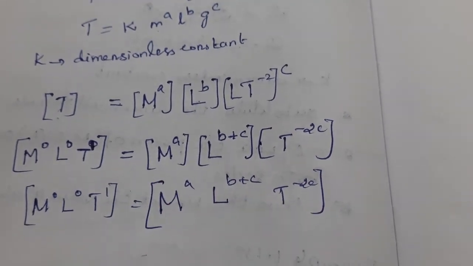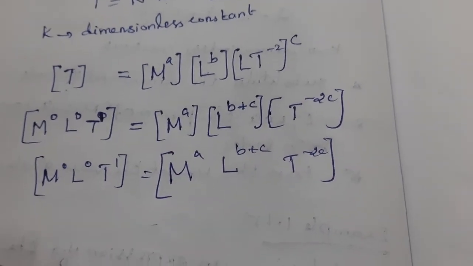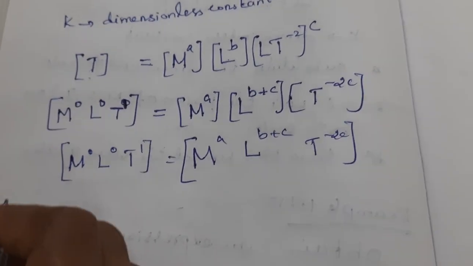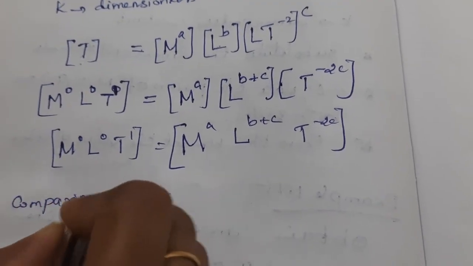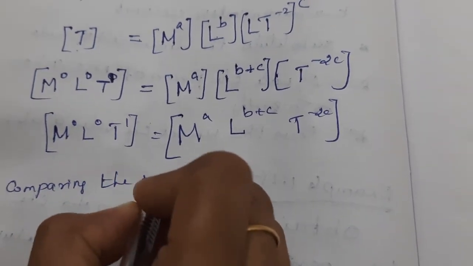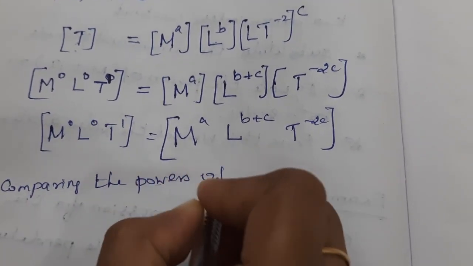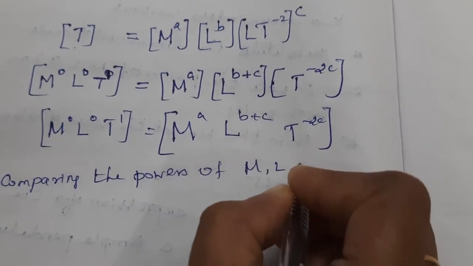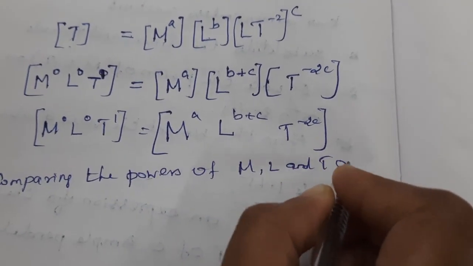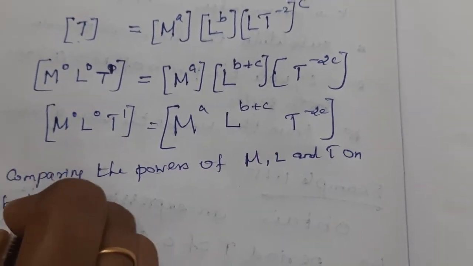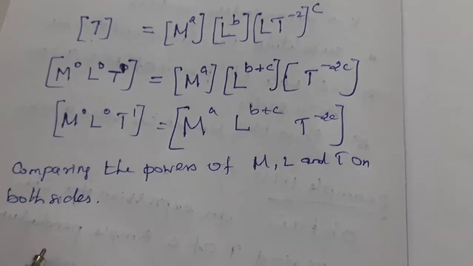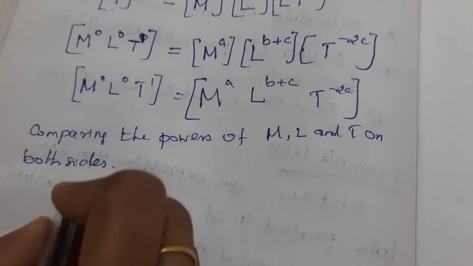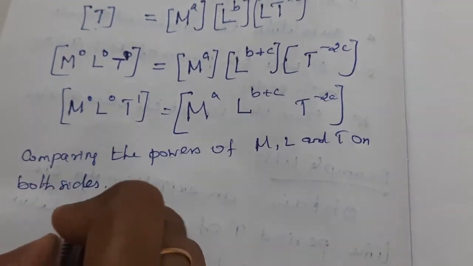What is the next step? Comparing the powers of M, L and T on both sides, we get a equal to 0.